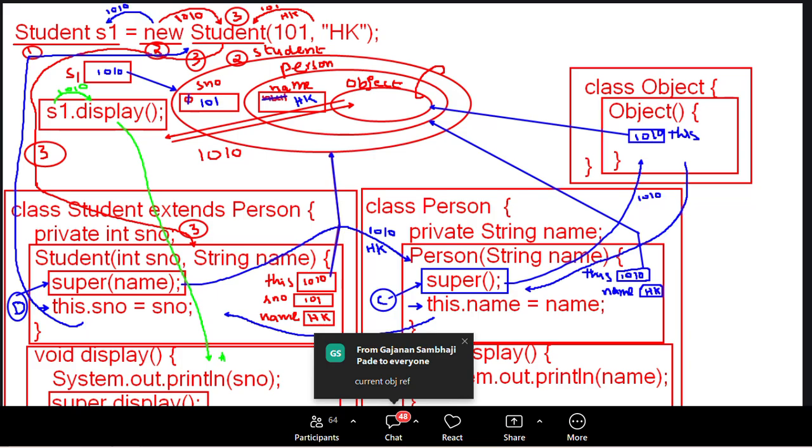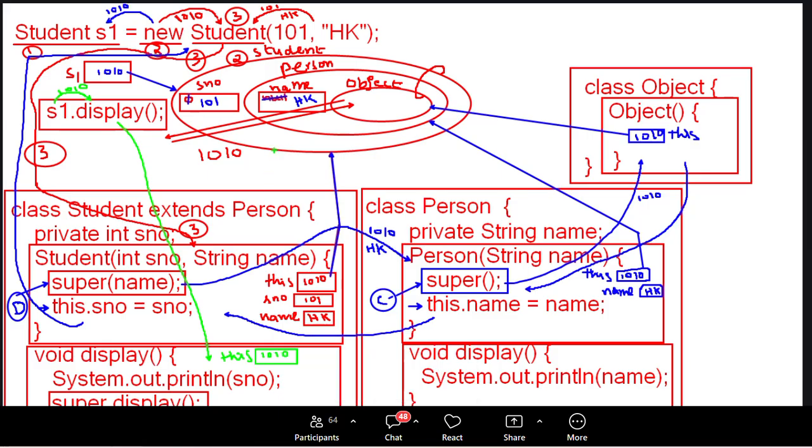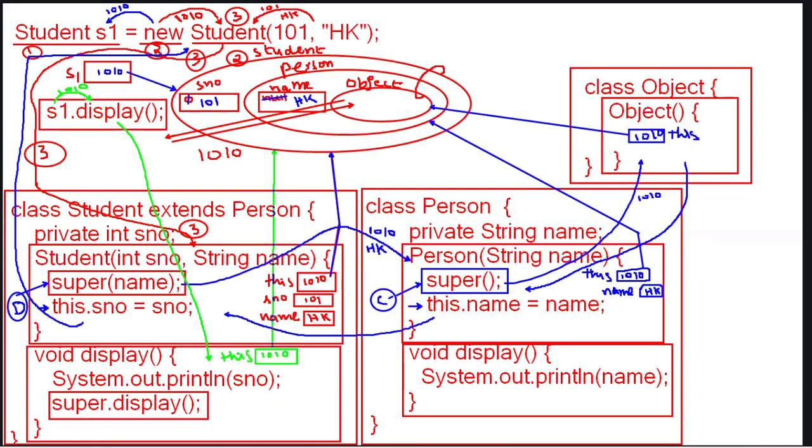Here the this parameter memory is created with the current object 1010 pointing to this memory. Then SOPL of SNO. What is the output printed? 101.